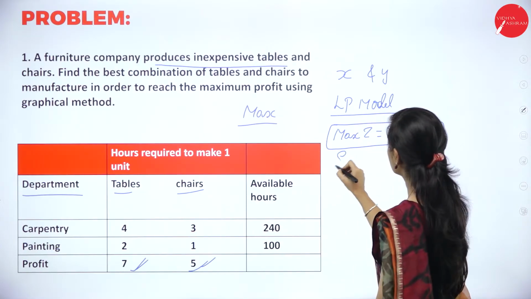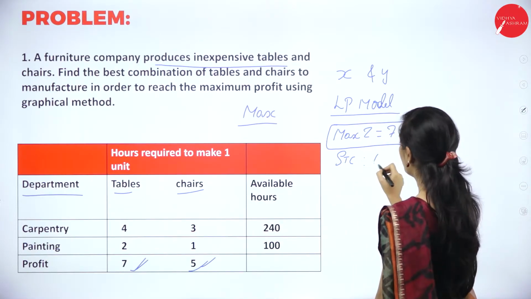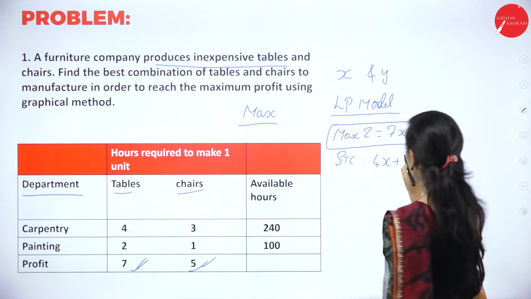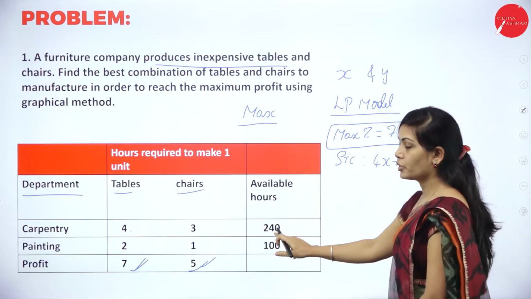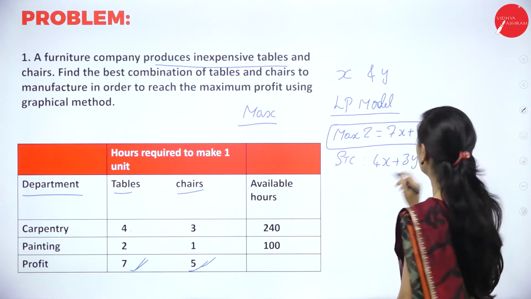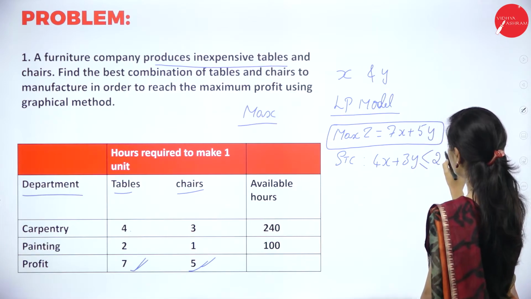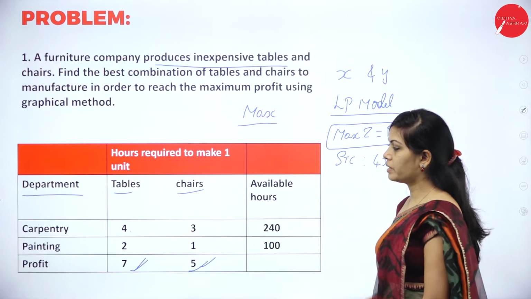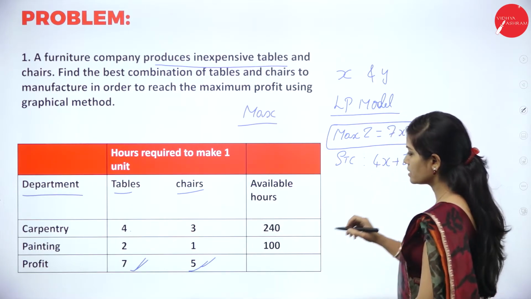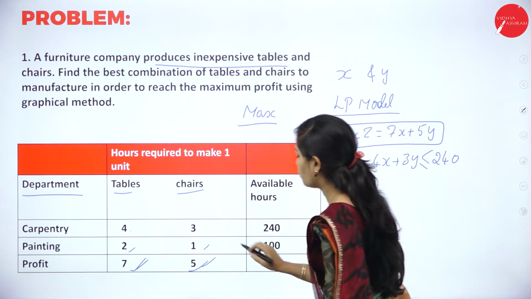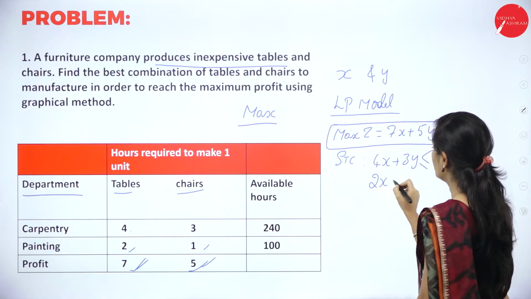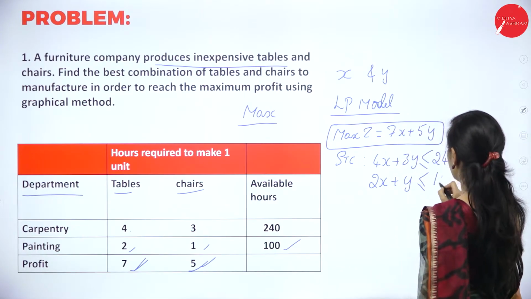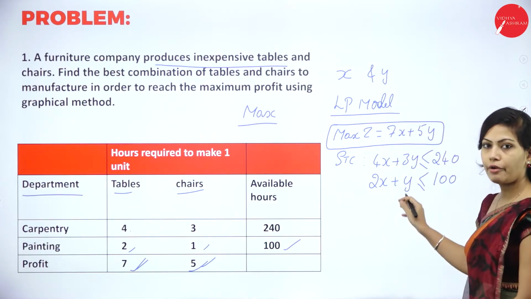Subject to the constraints: 4x plus 3y, since it is a maximization problem, is less than or equal to 240, the available hours for carpentry and painting. The second constraint is 2x plus y less than or equal to 100. So here we have two constraints.